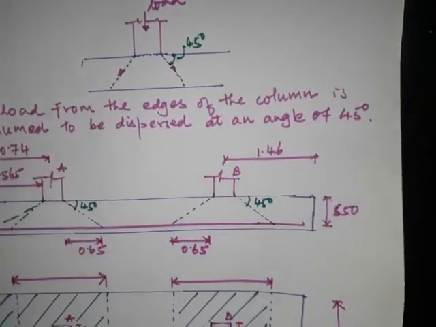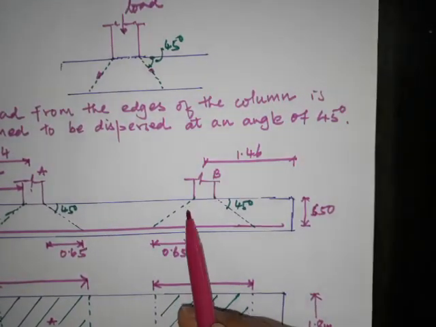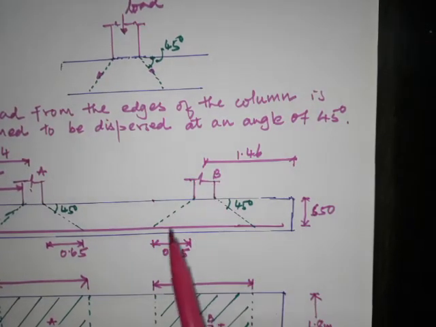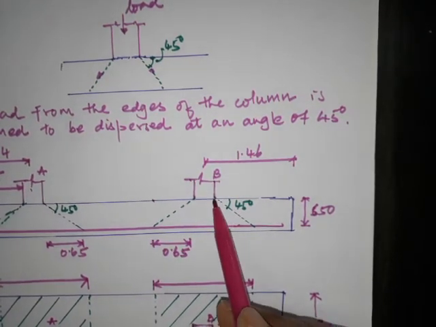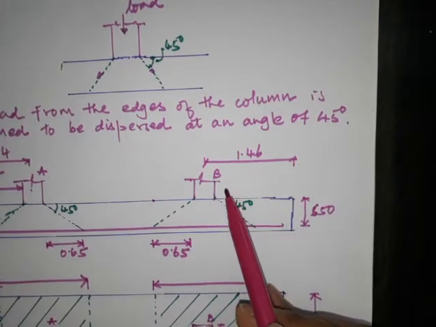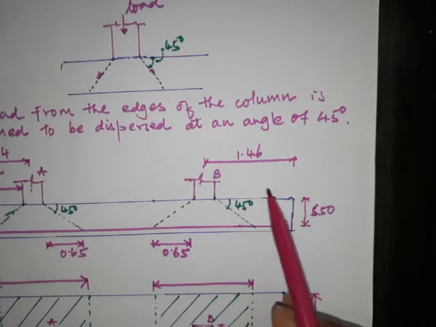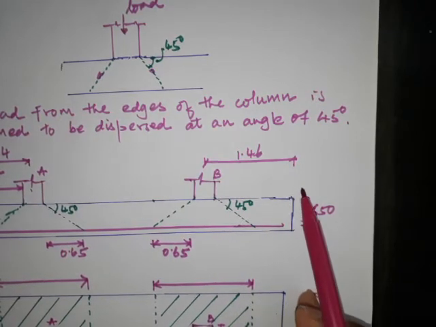So how do you get that? Yes, you can check out here. So this side it is 0.65 plus 0.4, and this side it is 0.65, because this distance is more here. The available offset from column B is more.